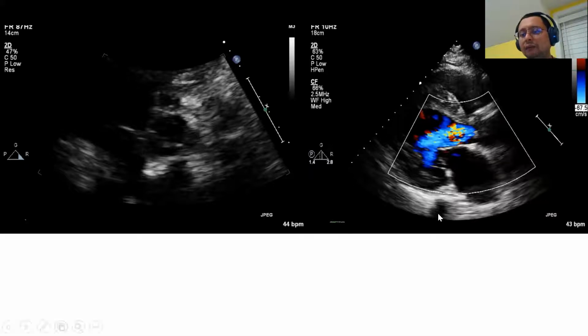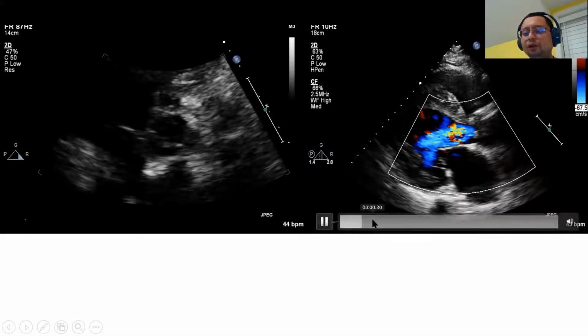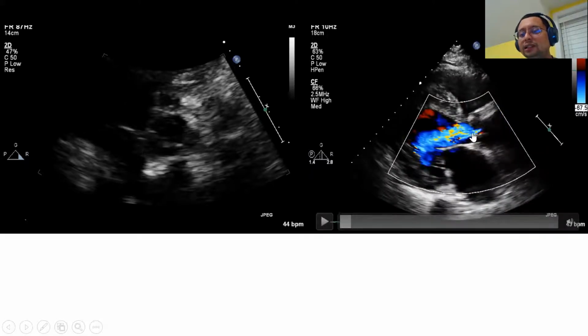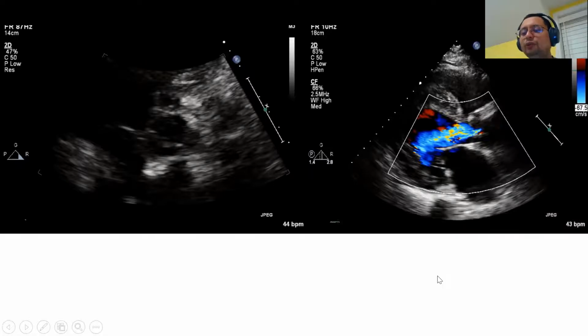Number two, you can also look at vena contracta. What is vena contracta? Vena contracta is the region where the jet is narrowest, and you see whether it is more than 6 millimeter. If it's more than 6 millimeter in aortic regurgitation, it is severe. And also you can look at holodiastolic flow reversal, and also whether there is decompensation of the left ventricle.